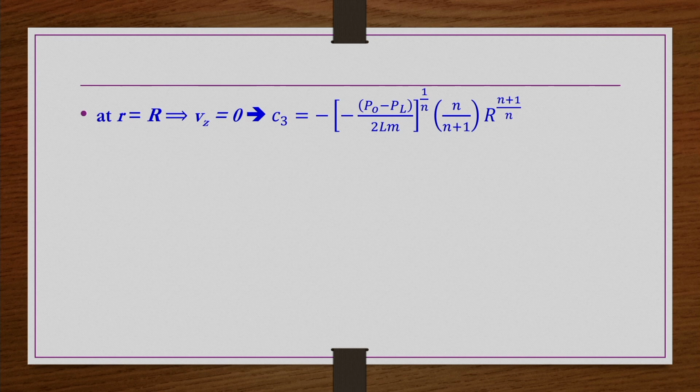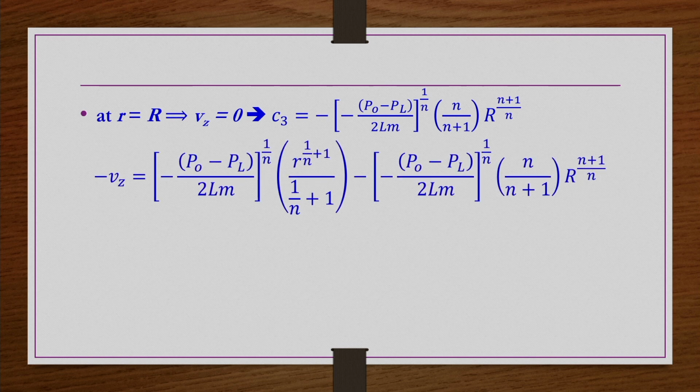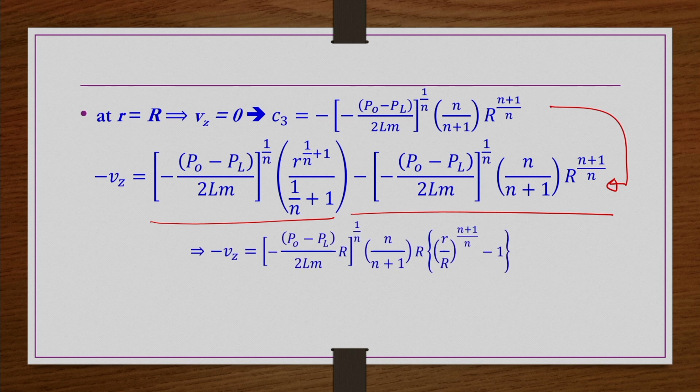Now, this C3 you are going to substitute in the expression for minus Vz equals this particular term, plus C3, and in place of C3 this is the term that we got. Now we rearrange this equation such that we have minus Vz on one side, and we take the square parenthesis terms common, and also r power n plus 1 by n common from both the terms.